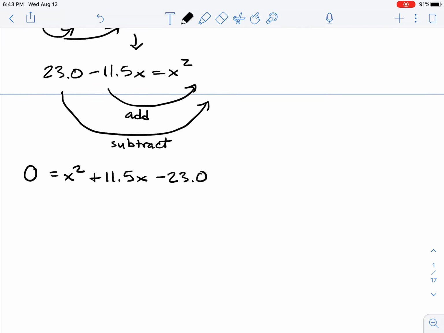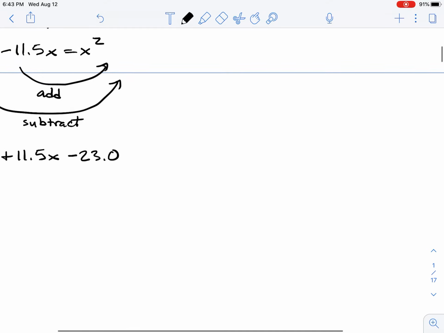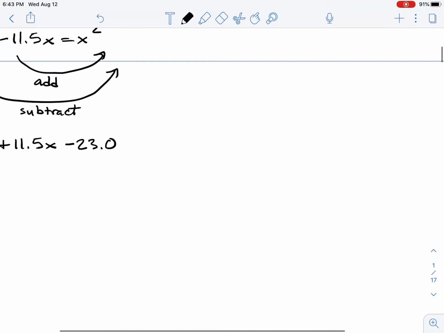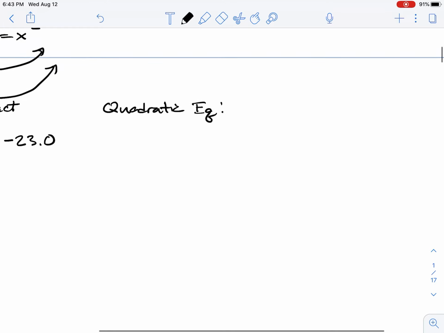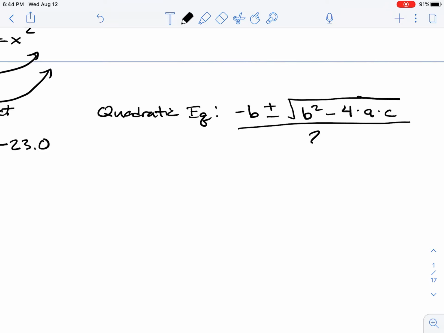And so the quadratic equation is going to be negative b. I'll go ahead and write it over here. So here we have the quadratic equation. So that's negative b plus minus the square root of b squared minus 4 times a times c over 2a.